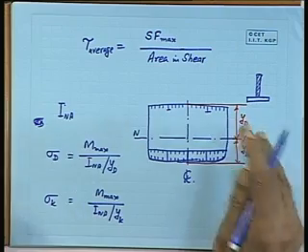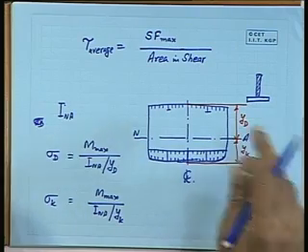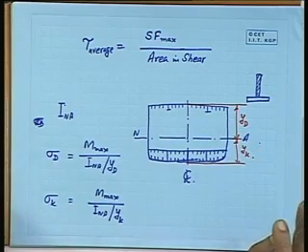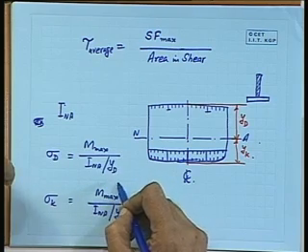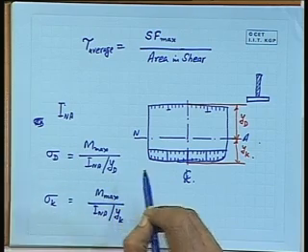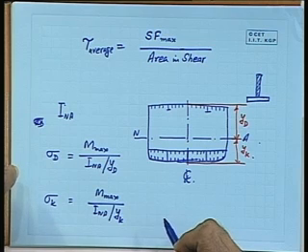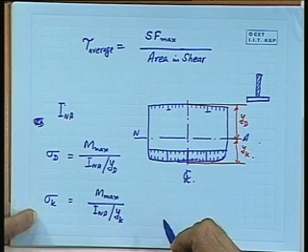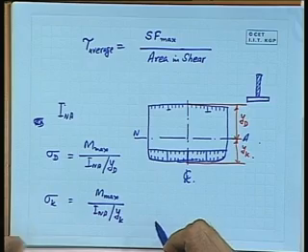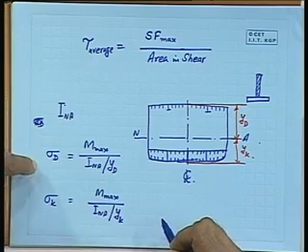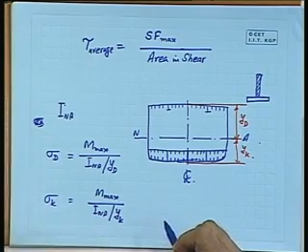That means YD is greater than D by 2 and YK is less than D by 2. By virtue of that, the numerical value of I by Y for the deck will be lower than I by Y for the keel value. And therefore, the stress at the keel will be somewhat lower than the stress at the deck level. Okay.